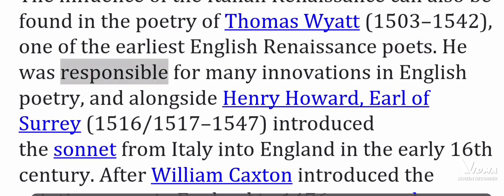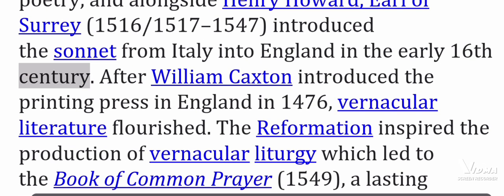He was responsible for many innovations in English poetry, and alongside Henry Howard, Earl of Surrey, 1516/1517 to 1547, introduced the sonnet from Italy into England in the early 16th century.